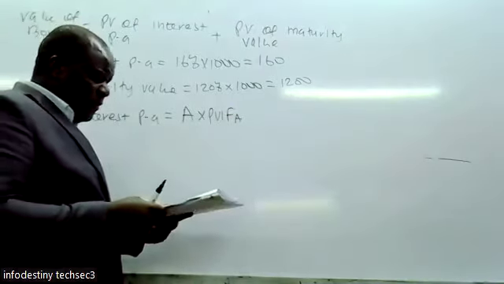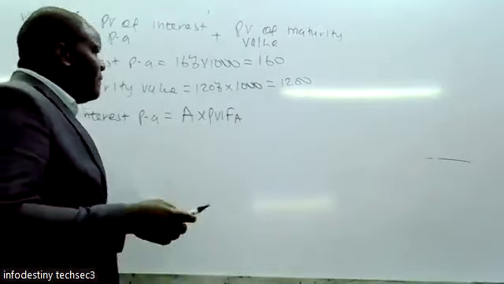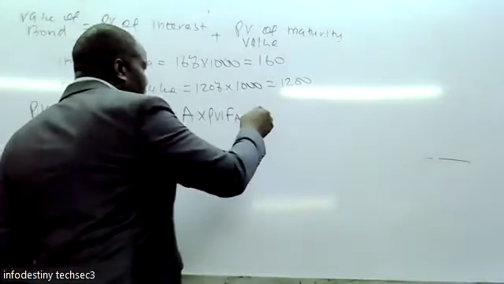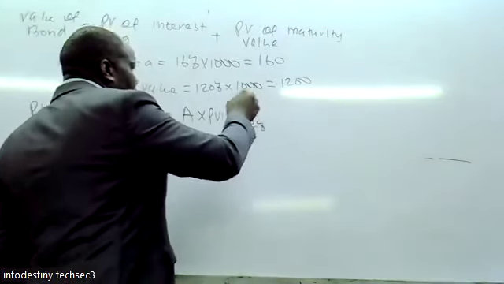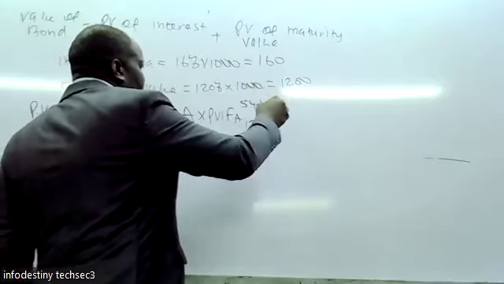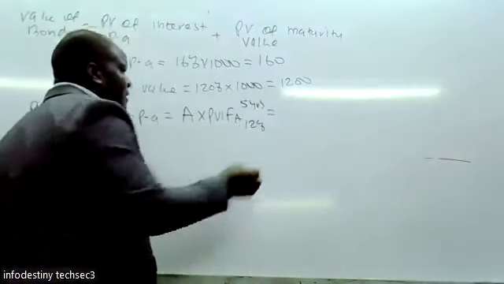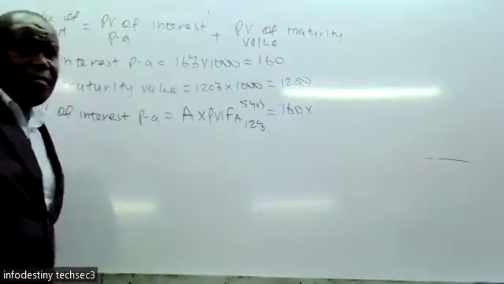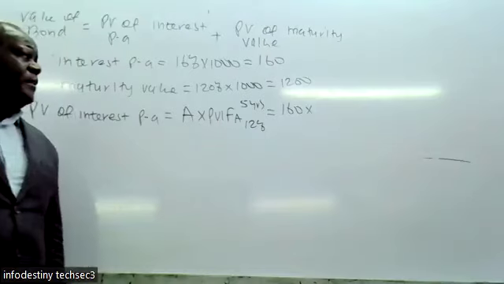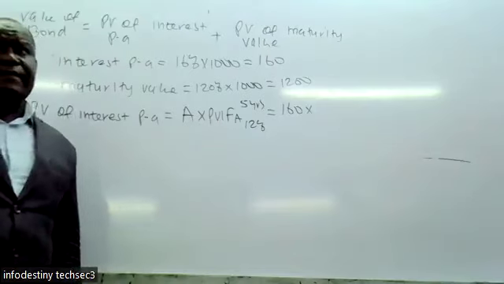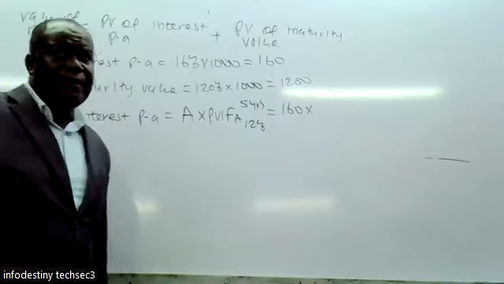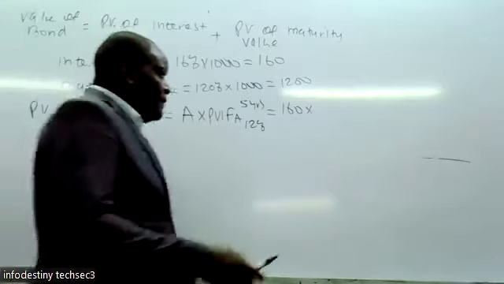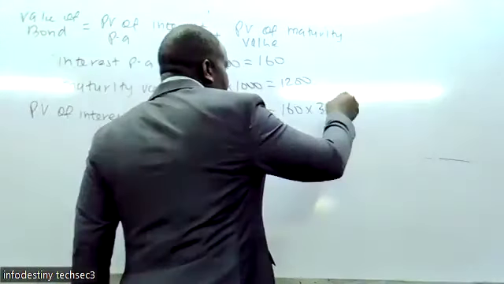So the cost of capital, they gave you 12%, for how many years? So the interest is the 160. So confirm in the annuity table. What is 12% in year 5? 3.6048.